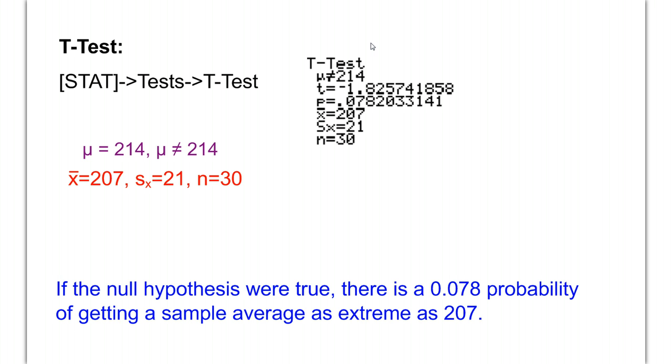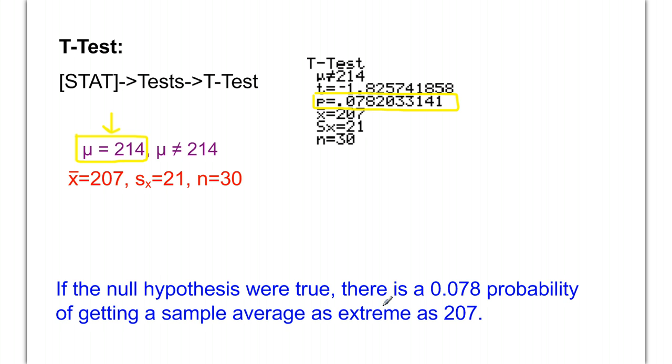And here's what we now know. This p-value represents a certain probability. And so we're going to talk about what that actually is. If the null hypothesis were true, if we assume for a moment that mu really does equal 214, even though x bar is 207, let's go with mu equals 214.